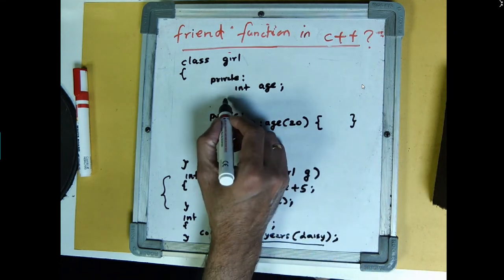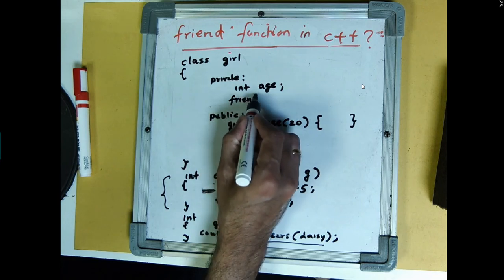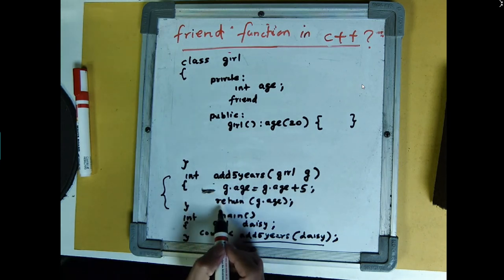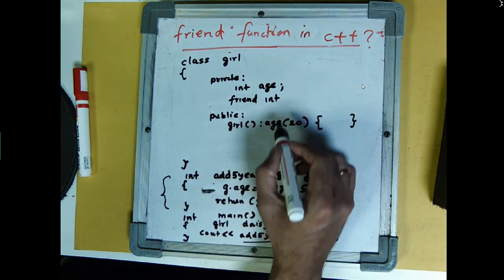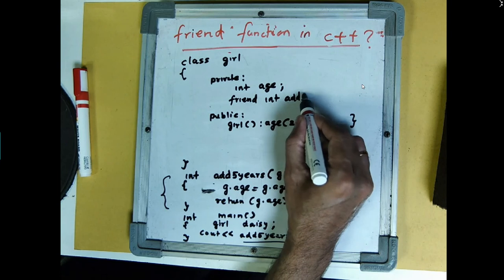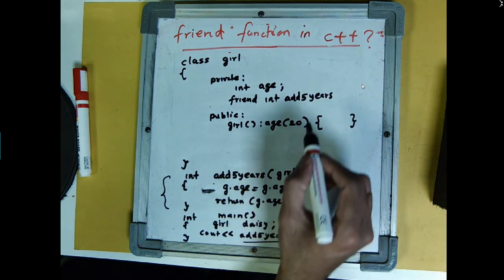So in the private section she will write friend, and you have to add this function, integer add 5 years.